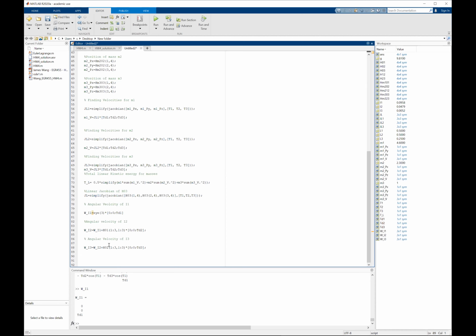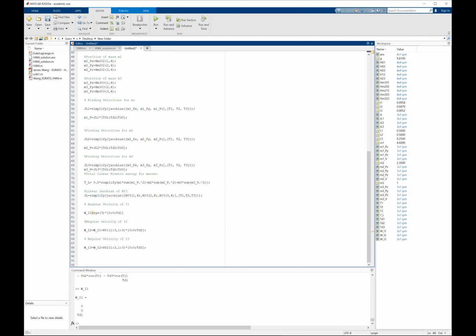But as rightly pointed out by Jade, the angular velocity of link 2 already consists of the angular velocity of link 1. So I just add the angular velocity of link 2. Okay, now just a second here. Let me finish this discussion here.